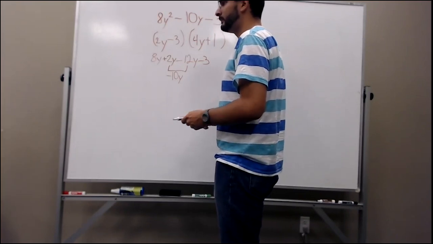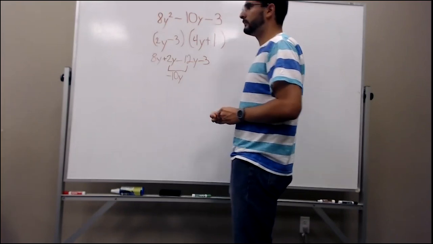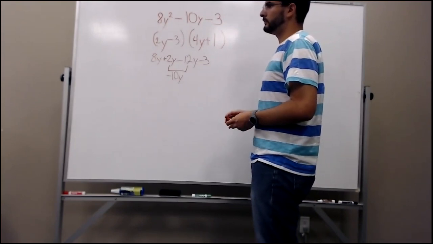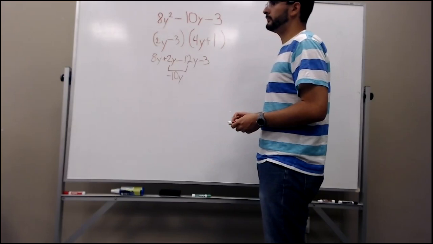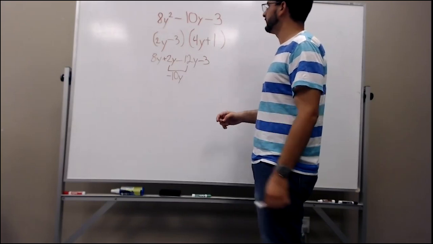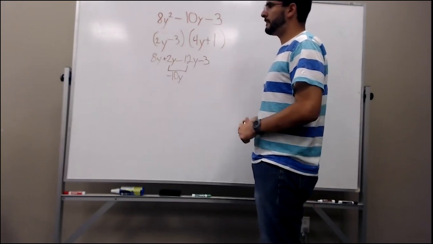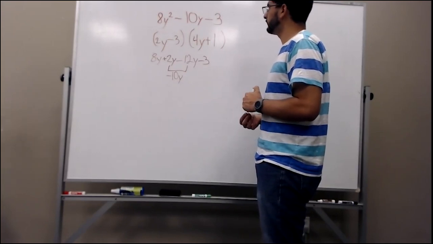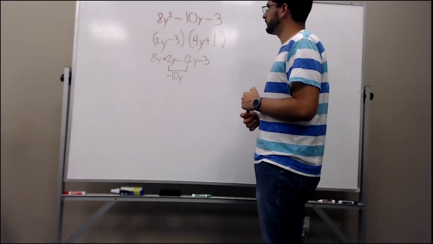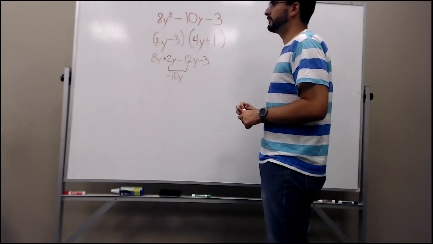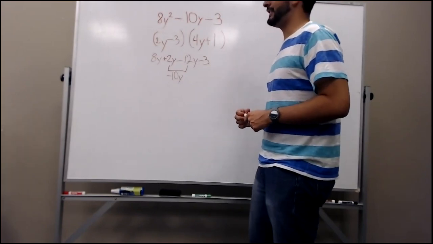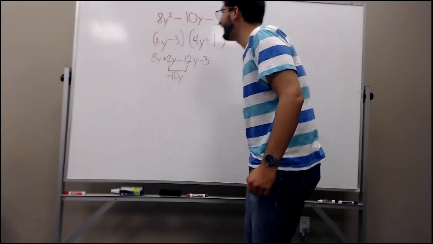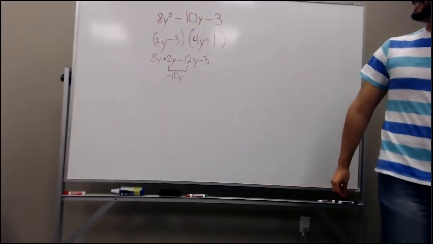It tells me right there that I want a product of something that gives me minus 3. But I also have this 8y squared, so that's the thing that makes things a little bit tricky. I have to try different numbers. There's no other way. Yeah. Okay. Thank you.